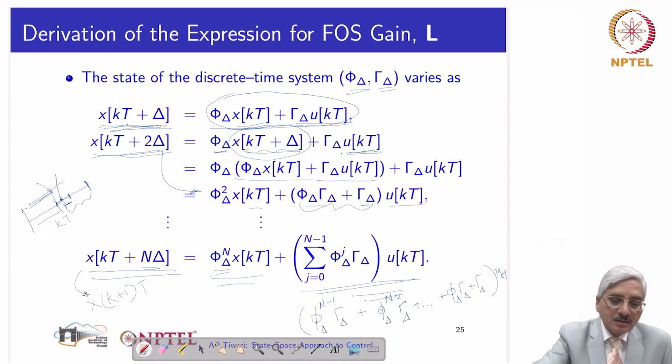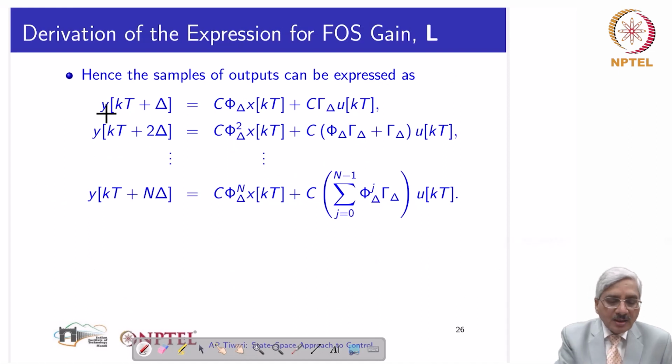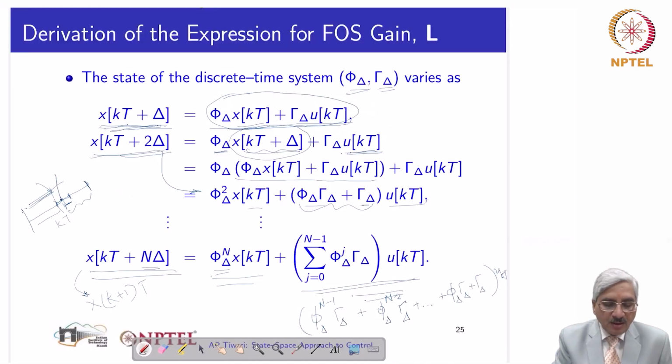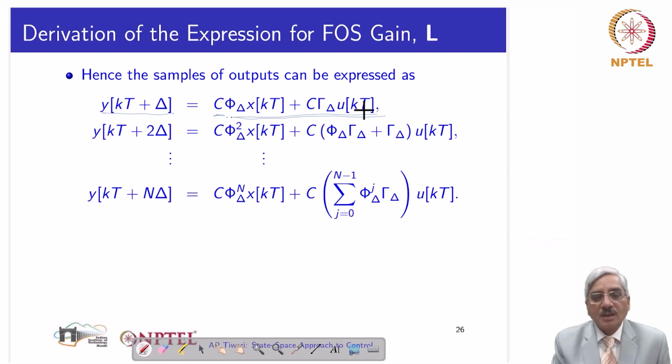Next, because output is C times x, y kt plus delta is C times x kt plus delta. If this is multiplied by C, we get y at kt plus delta, which gives this.